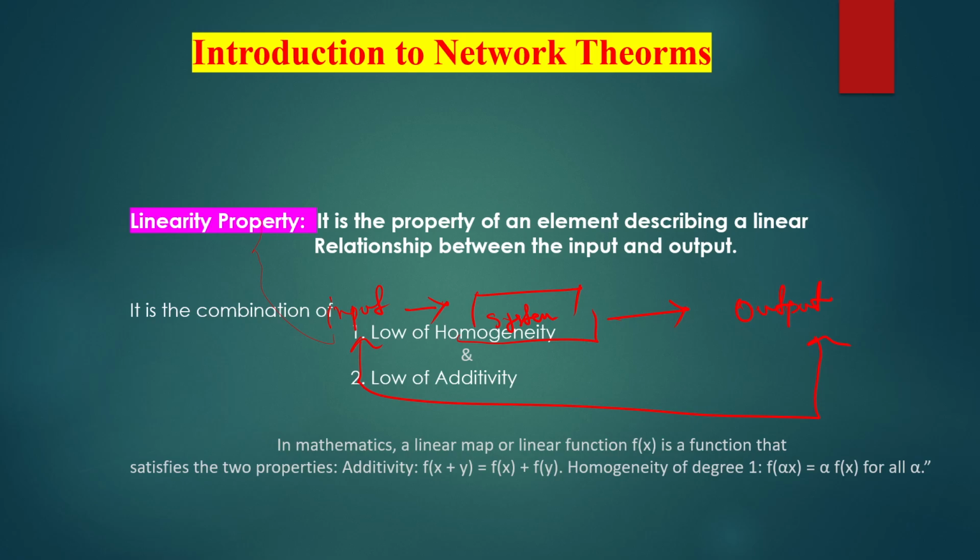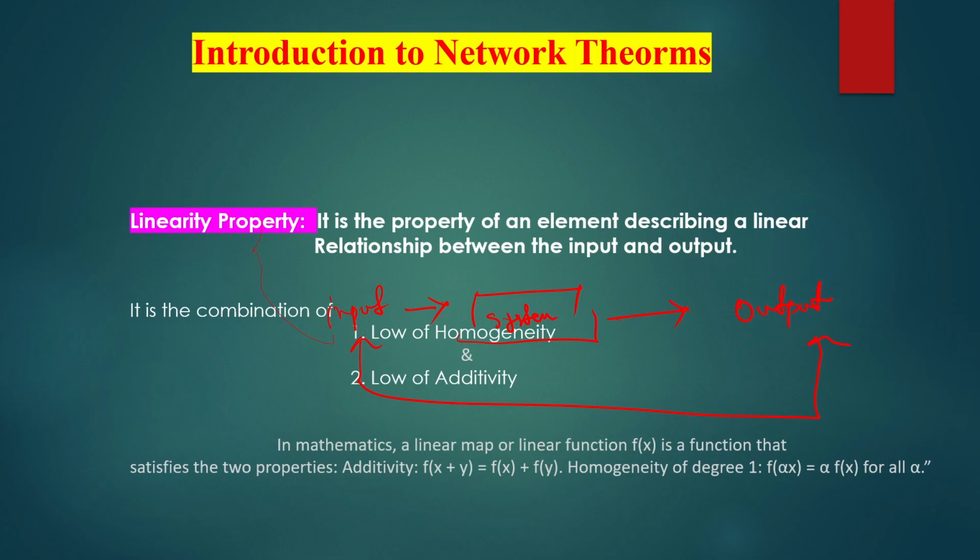It is the combination of the linear property, it is the combination of the law of homogeneity and the law of additivity. Okay, you can see, it's a combination of the law of homogeneity and the law of additivity.